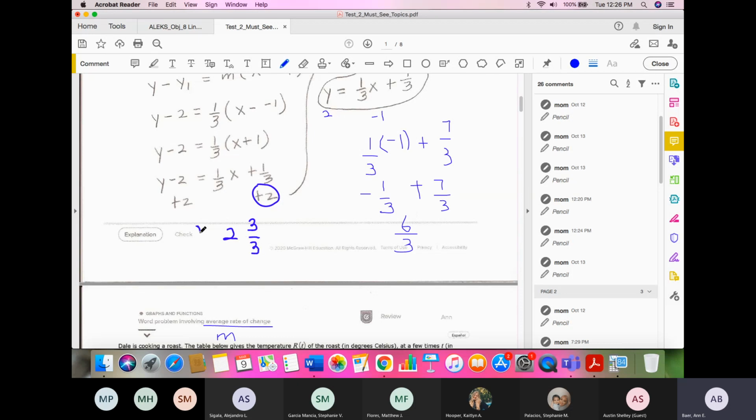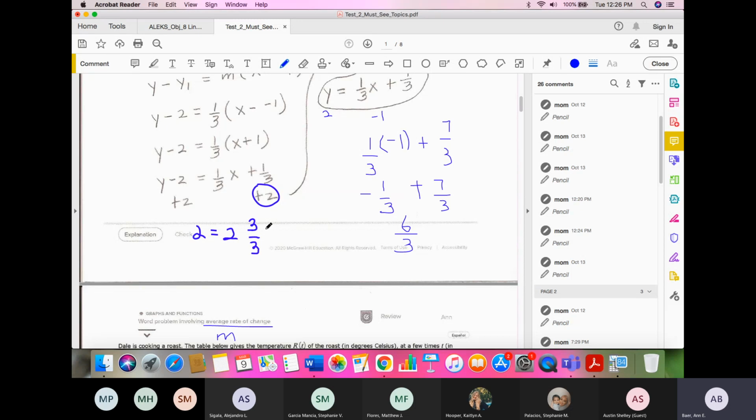So this is still equal to 2. All of this is still equal to 2. But what that does for me is that it gives me a common denominator. And we'll use that in a moment. But first, let's work with this.